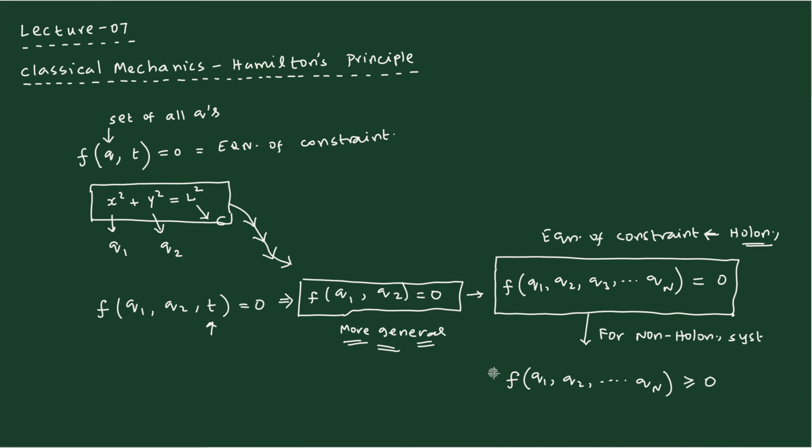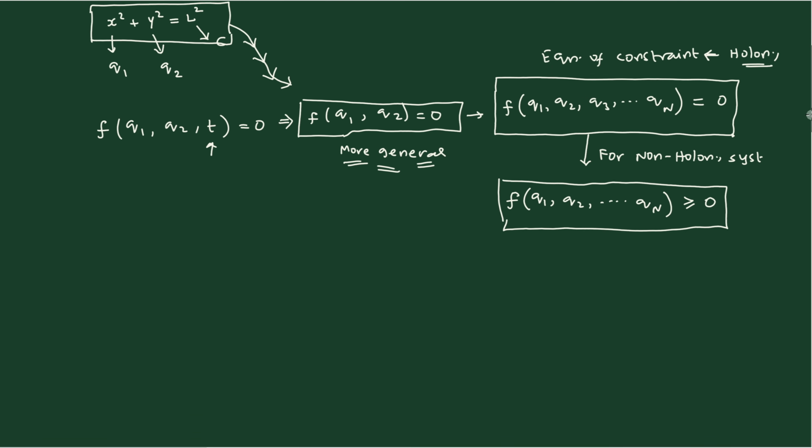So if you have an inequality relation like this, then this relation will be the equation of constraint for non-holonomic system. This is one possibility. This is not the only possibility, but this is one possibility. What is another possibility for a non-holonomic system? Another possibility is that you may be having derivatives or velocities.